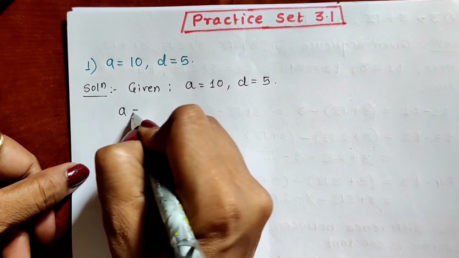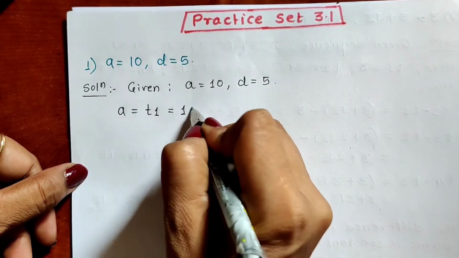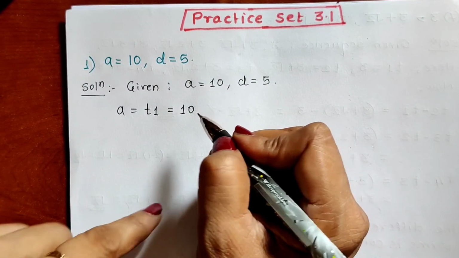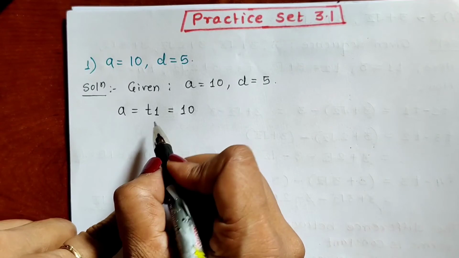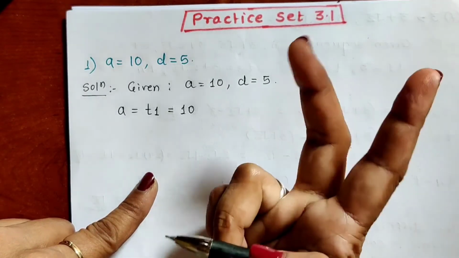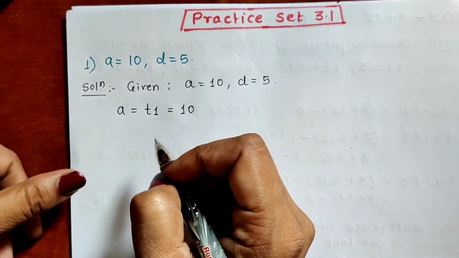A is equal to T1, the first term, is equal to 10. Now we will have to find out T2. First term we got. We have to find the AP. That means we have to find the first term, second term, third term, fourth term, fifth term, like that. So we will be finding till the fourth term only.